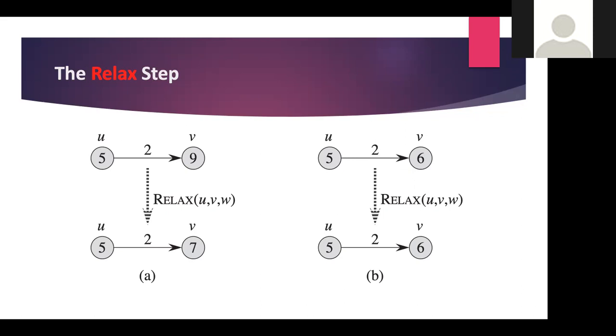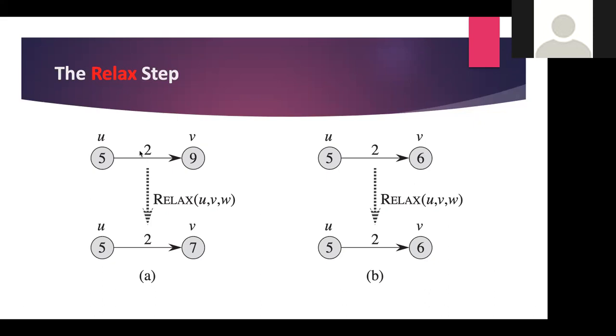Remember, a vertex gets visited when you pull it out of the priority queue, and the moment you pull it out, you go and relax all the edges that are going out of that vertex. So that's what you do in Dijkstra's algorithm. When you have negative edges, it's going to do interesting things.